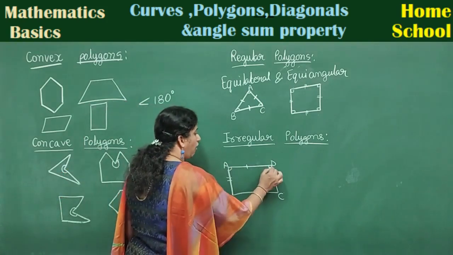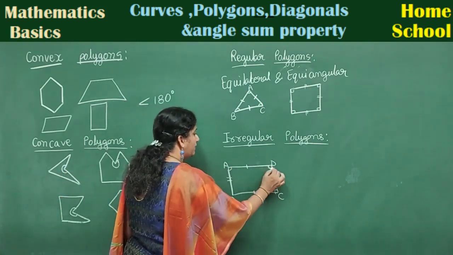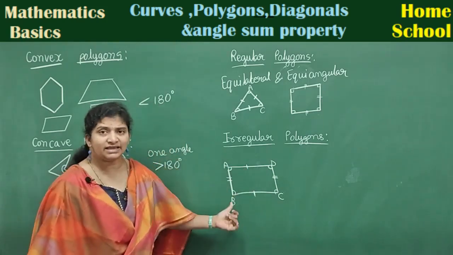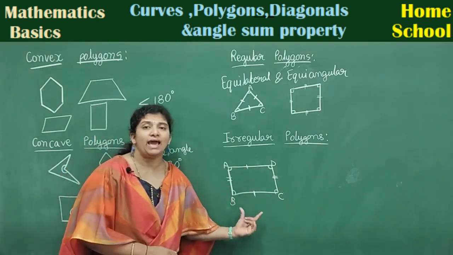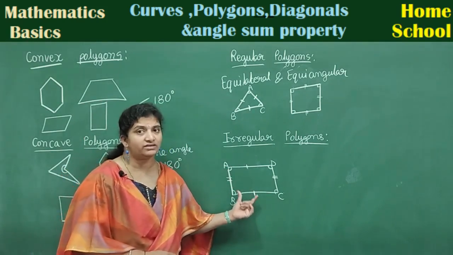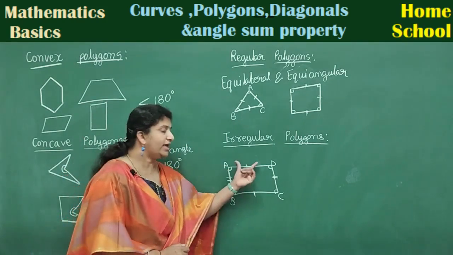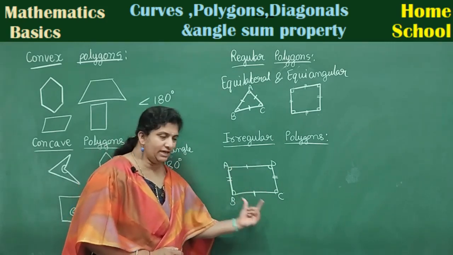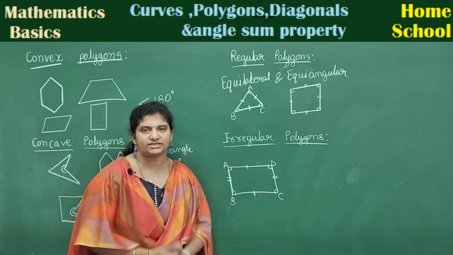All angles are perpendicular to each other, meaning 90 degrees. All angles are equal. It is equiangular. But is it equilateral? No, it is not equilateral. Only the opposite sides are equal. AD equals BC and AB equals DC.